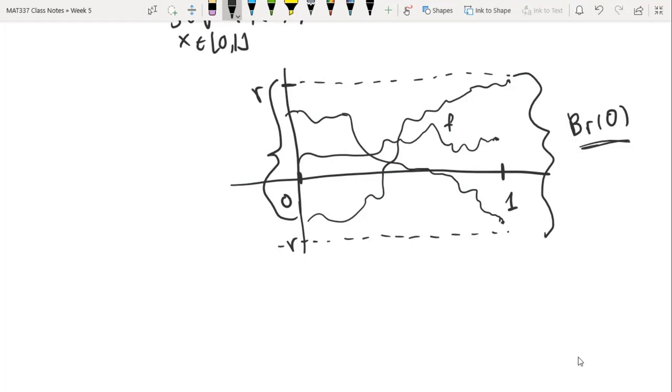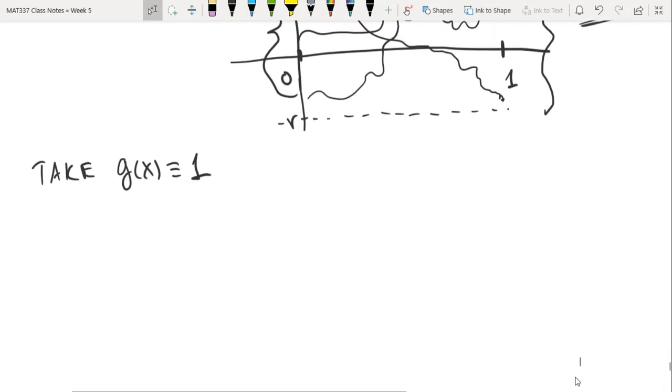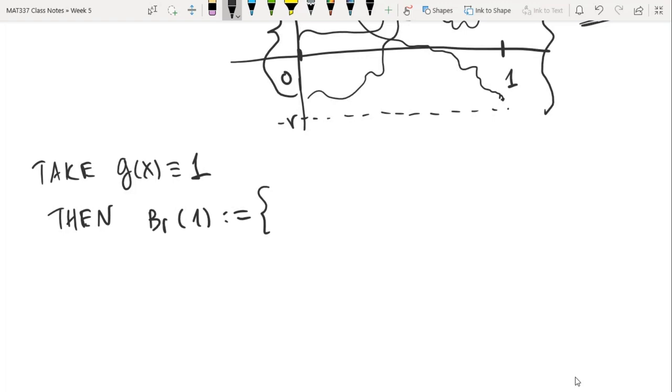Let me do another example. Take just a constant function like 1. Then B_r of 1 is the same, right?